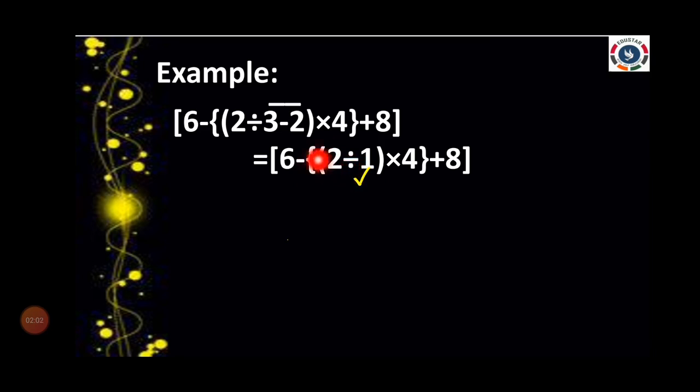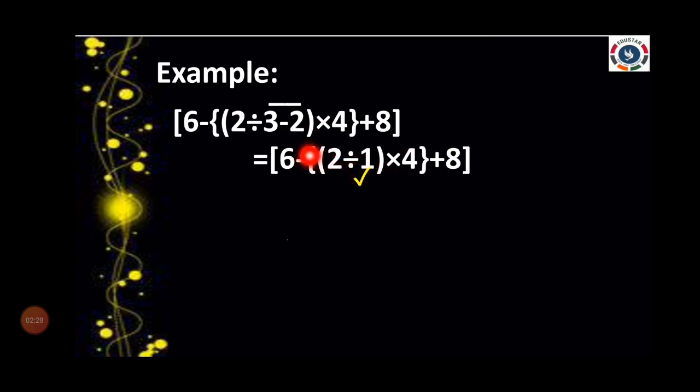What is given? 3 minus 2. Which bracket does this come under? Line bracket. So we want to solve this sum. 3 minus 2 is how much? 1. That we write here, 1. Then close the round bracket, into 4 plus 8. Write it as it is.